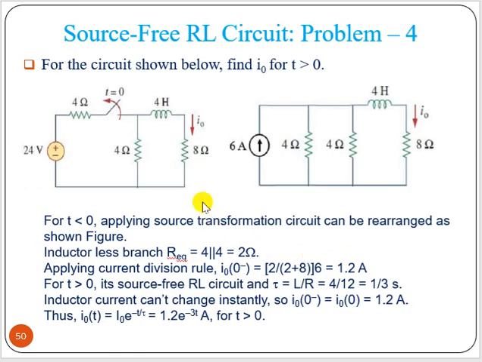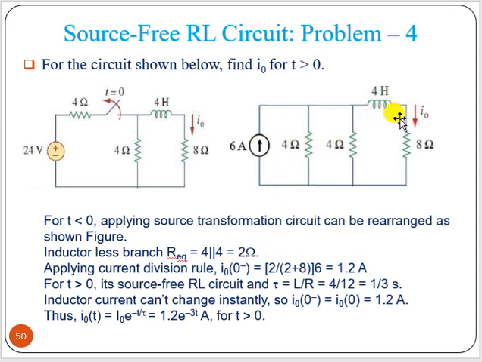Now see another problem. Here we can solve it by finding out t greater than 0. We can convert this voltage source into an equivalent current source also. Then 24 divided by 4, that is 6 ampere current flowing across that 4 ohm in parallel resistance. Now these 4 and 4 in parallel give a 2 ohm resistor.